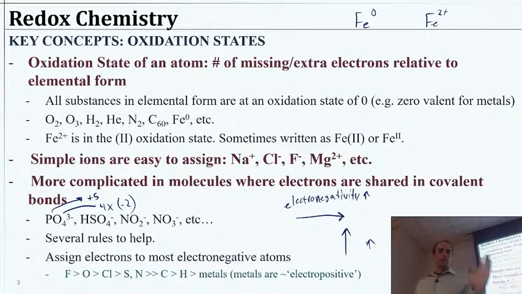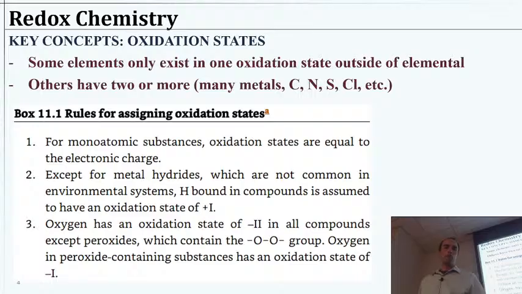We could do these same types of procedures with these other guys to identify what is the oxidation state of any one atom there. Okay, so we'll lay them out a little more explicitly here. So for monoatomic, obvious. Occasionally you'll have only one oxidation state.